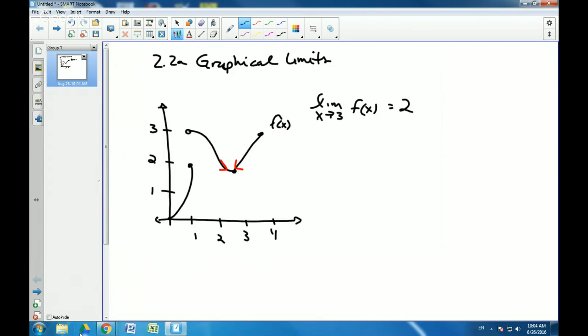Now, the both directions clause is very important. What if I ask you as x approaches 1? What is the limit? 2?